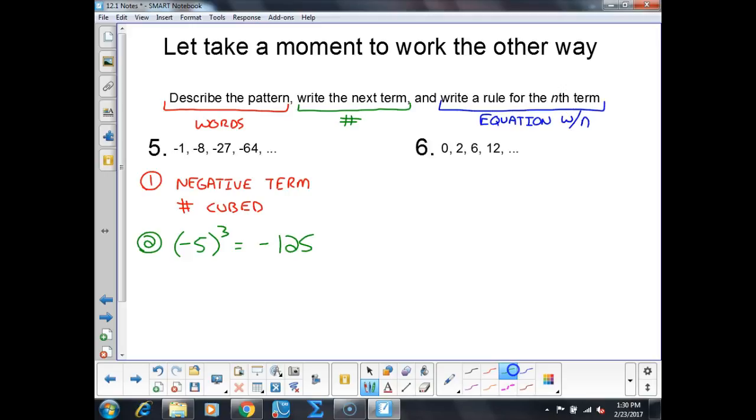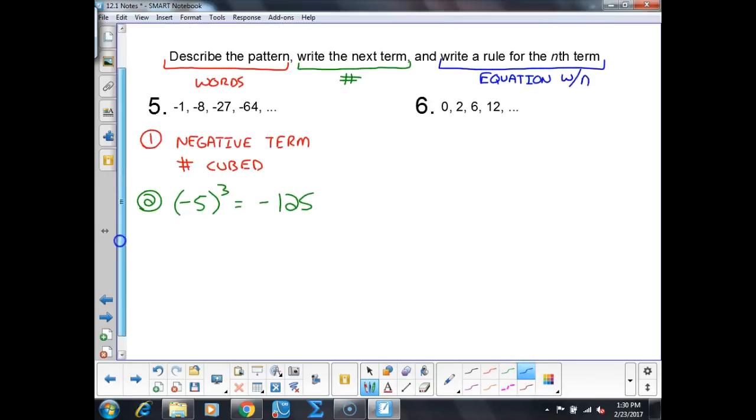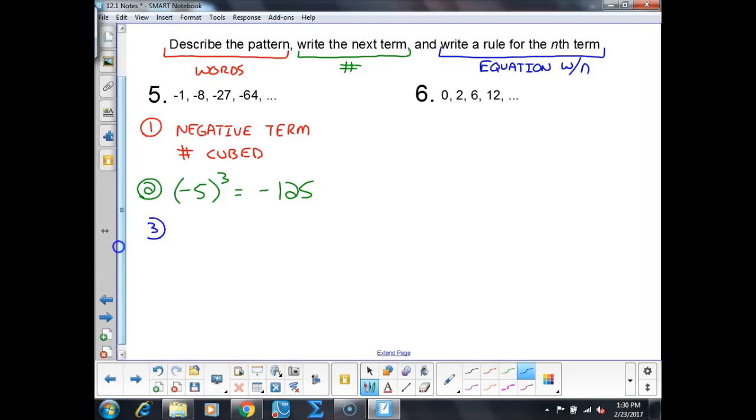Then it says, write the rule for the nth term. So my rule is going to start out a sub n, because that's my nth term.